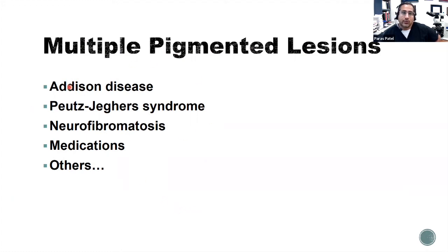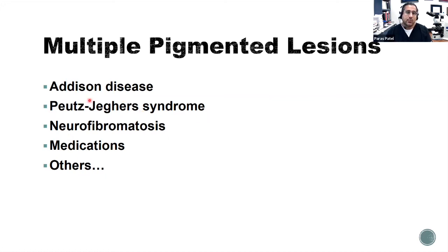Addison's disease or adrenal insufficiency is one of those. Peutz-Jeghers is a disease process where these individuals may have perioral as well as anogenital increased pigmented lesions. Oftentimes you'll find this in young children, and they have a tendency to have specific mutations that result in different types of tumors throughout the body.